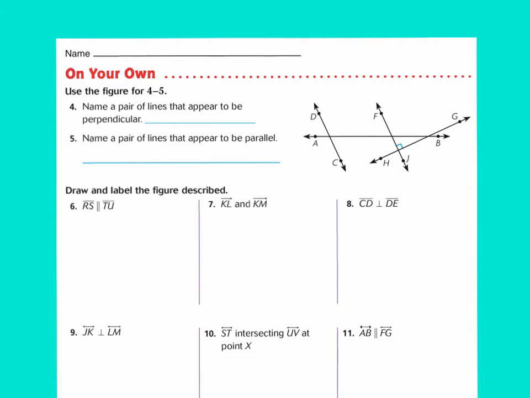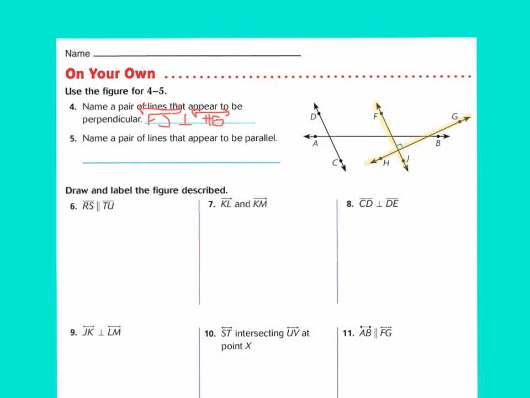I do see that square corner, it's going to be this guy and this guy. So I would name them line FJ is perpendicular to line HG, and you want to put those little line symbols up above as well.